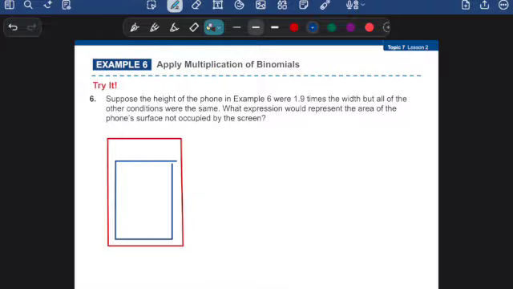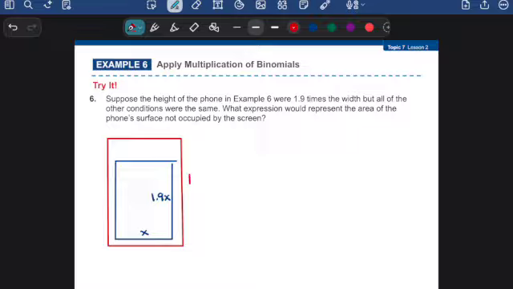And we know that the screen is length x. And I think this means the screen, the height of the screen. So the height of the screen then would be 1.9x, 1.9 times the width of the screen. And then I still have 3 centimeters extra for the outside of the phone.